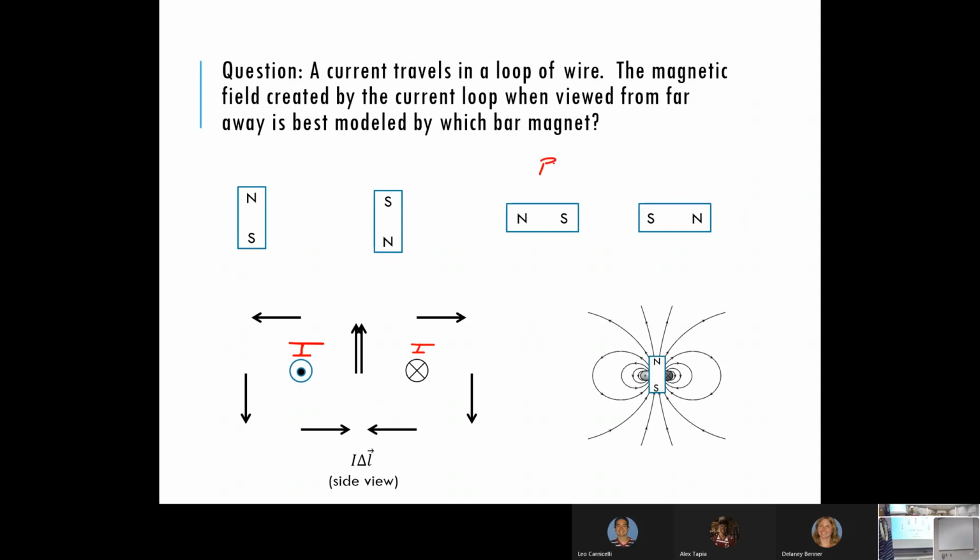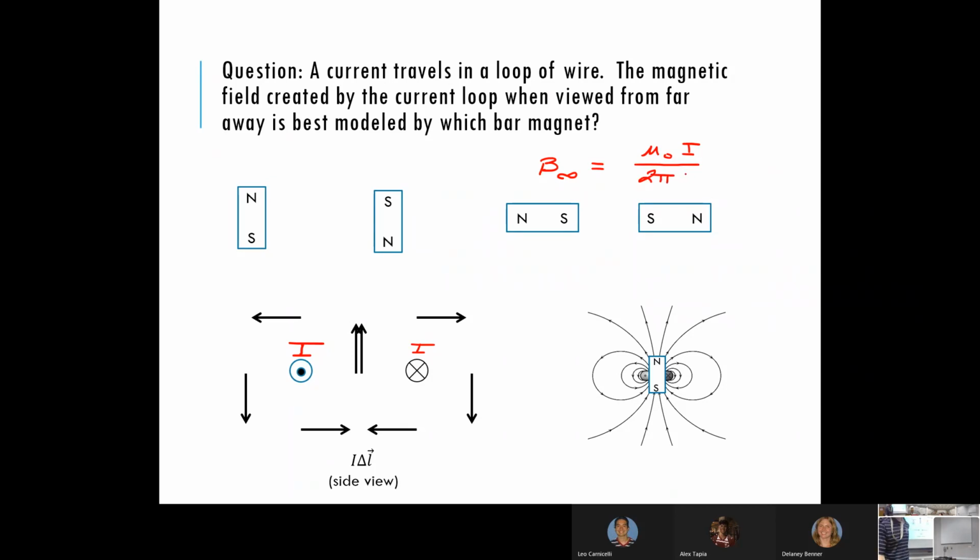The magnetic field due to an infinitely long wire is given by mu naught I divided by 2 pi.